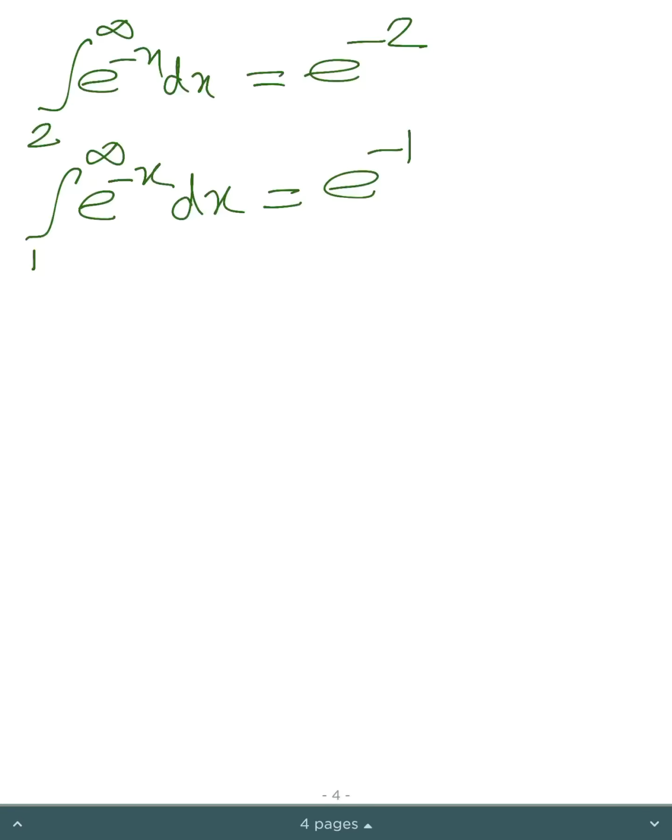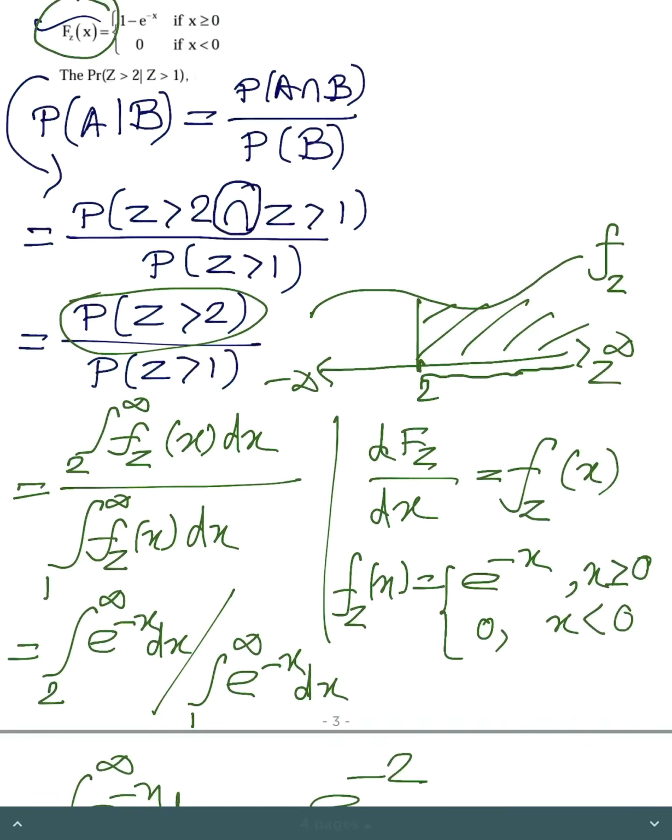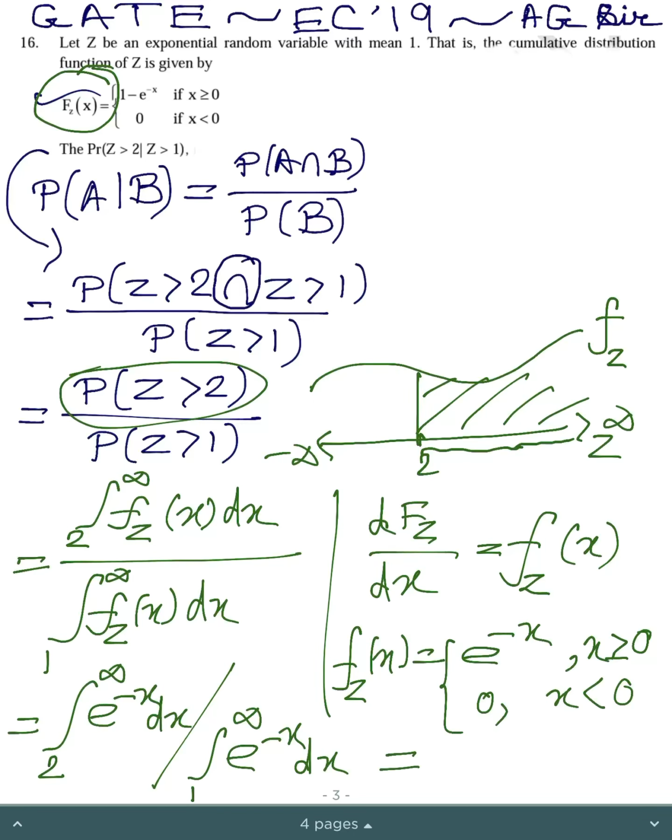Let us put the values back. Hence, we obtain a ratio, which gives us e power negative 1, that is 1 upon e, approximately equal to 0.37, our final answer. So this is how you solve this question from GATE 2019.